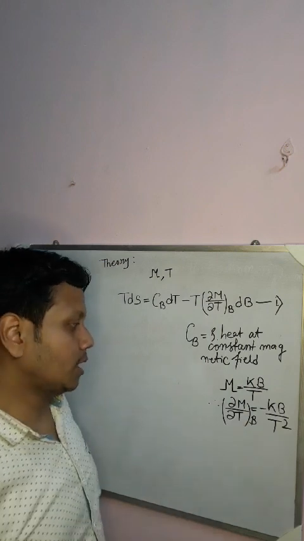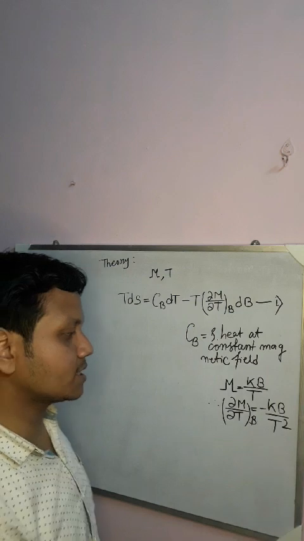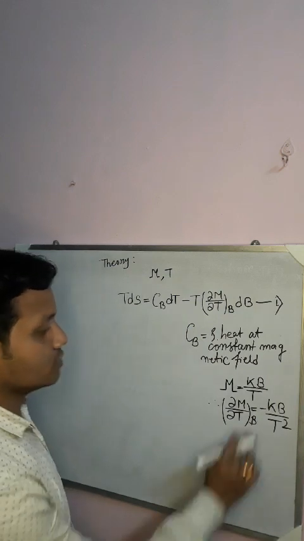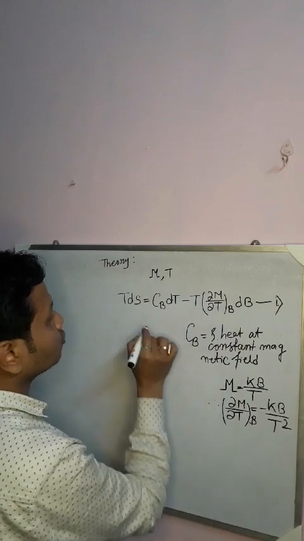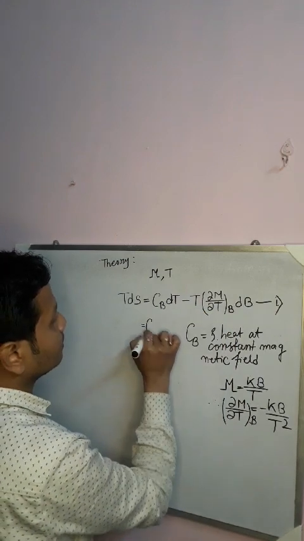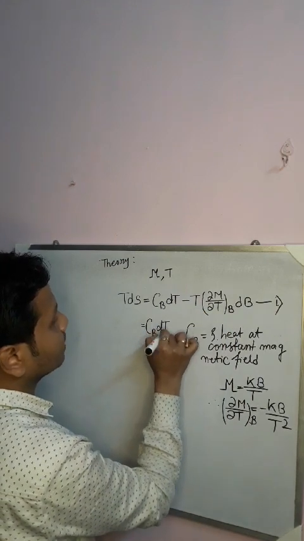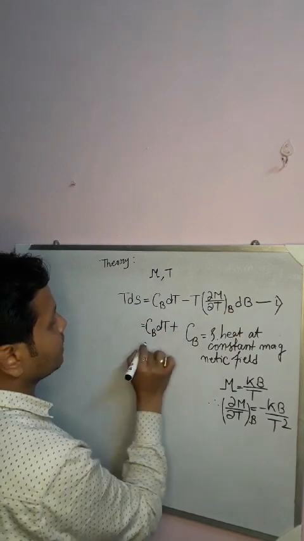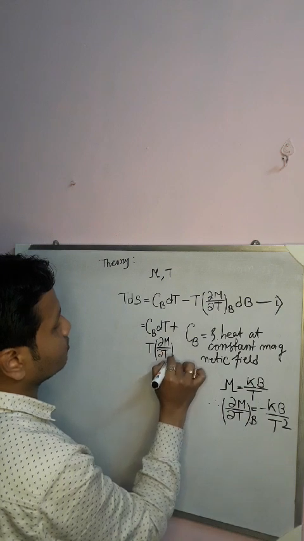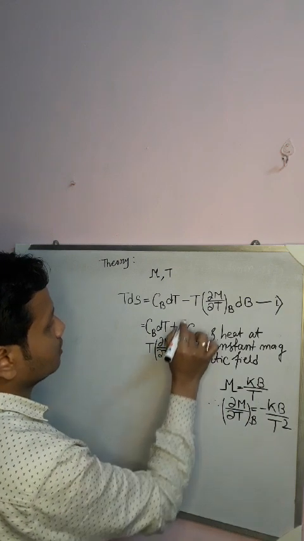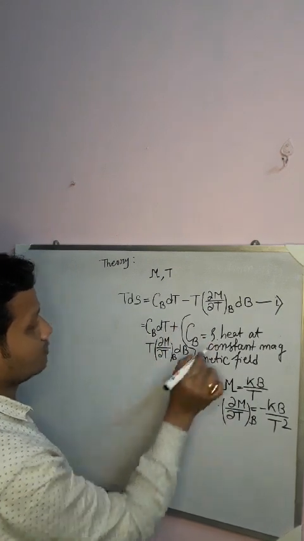So obviously (del M/del T) at constant B is negative, that means minus KB by T squared. Since this quantity is negative, we can give a plus sign here: C_B dT plus T (del M/del T) at constant B dB.